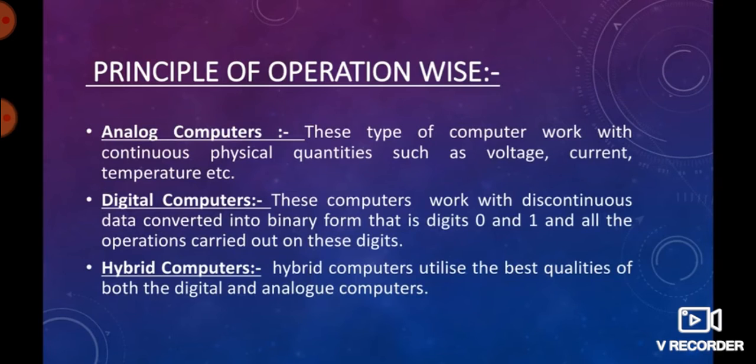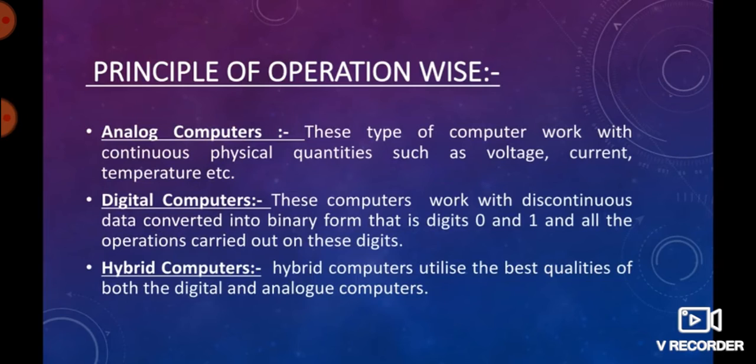And digital computers work with discontinuous data converted into the binary form, that is digits 0 and 1, and all the operations are carried out on these digits. The systems that we all are using are digital computers, and they work on the binary form. Binary form means it works in the form of zeros and ones.